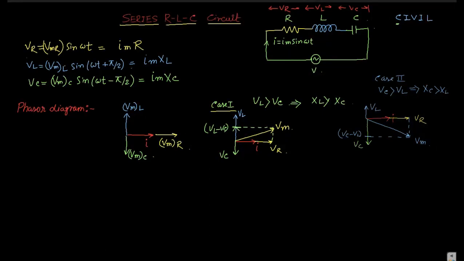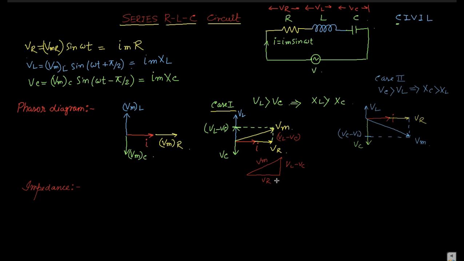So it is a triangle. This is Vm, this is VR, and this is VL minus VC.